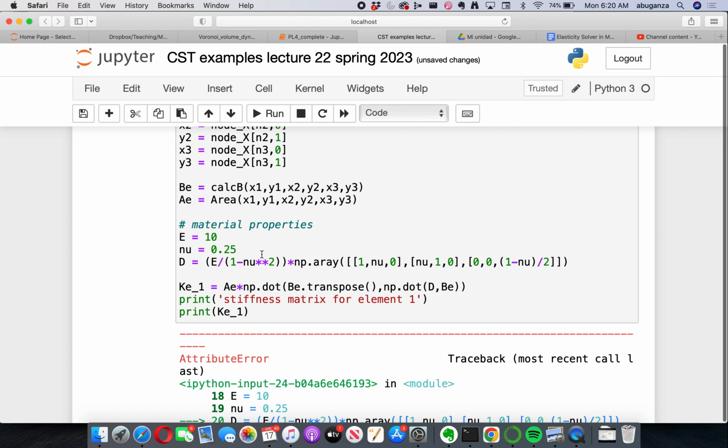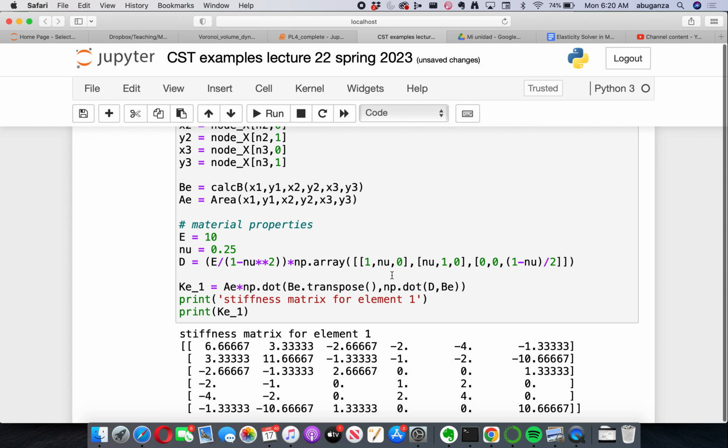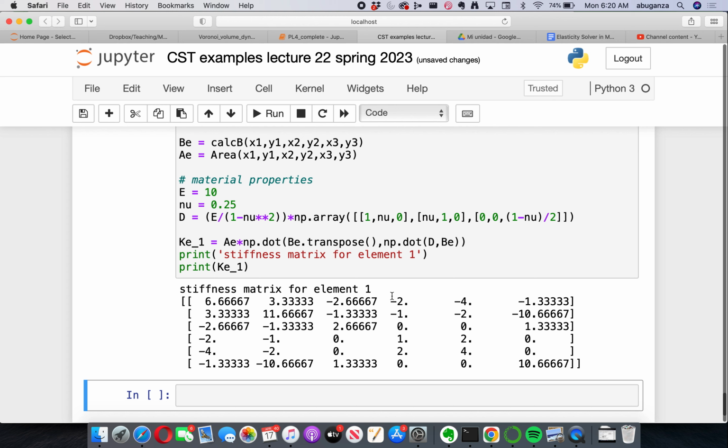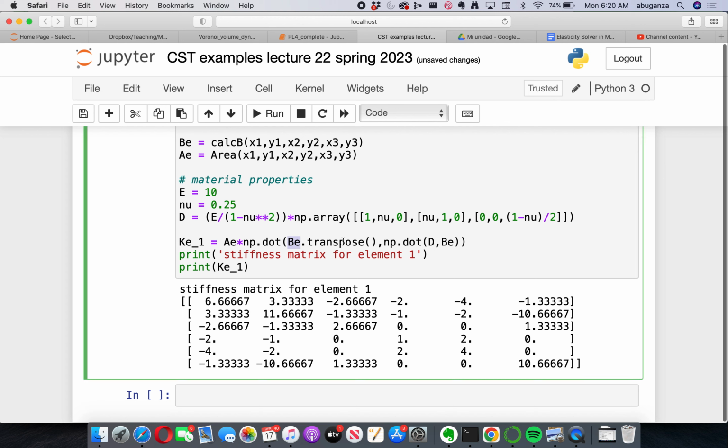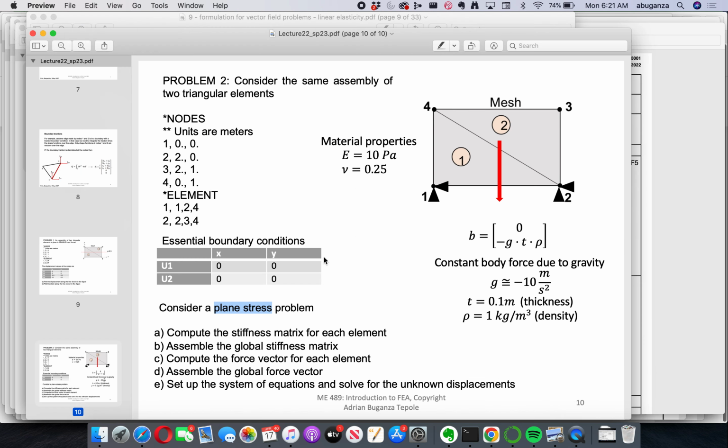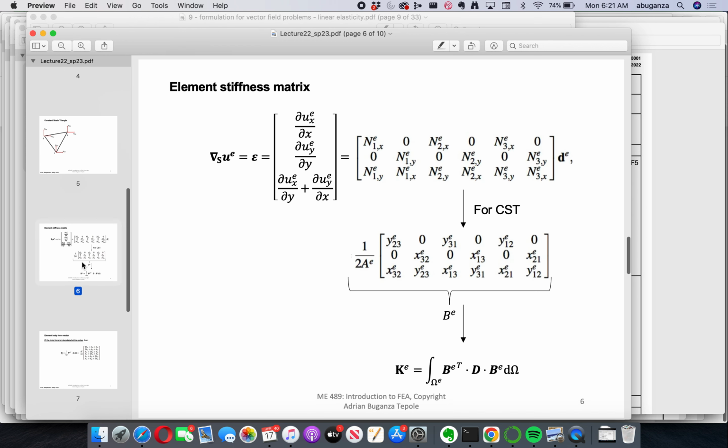Okay, it's array. There we go. So that's the stiffness matrix for element 1. Again, just B transpose times D times B. The D is the material properties, which I got from the book. And the B matrix, we just created that function. Given x1, y1, x2, y2, x3, y3, it assembles the correct matrix for the constant strain triangle. Again, it only depends on the nodal coordinates.